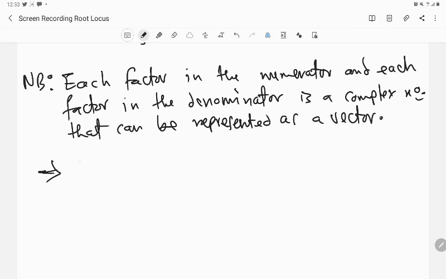And so it means that if we want to evaluate that function, then we can represent it as the magnitude.